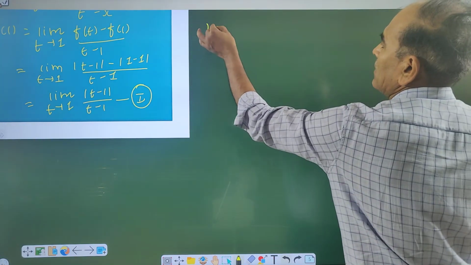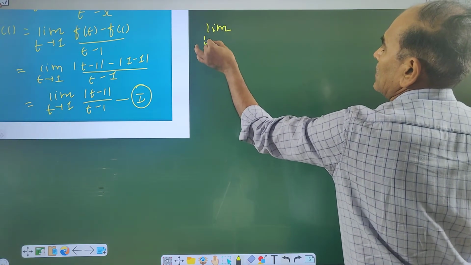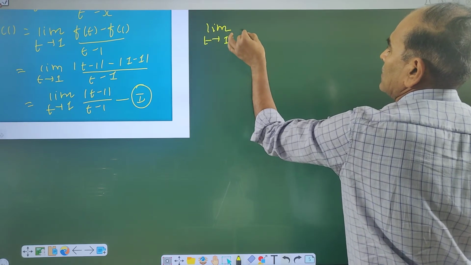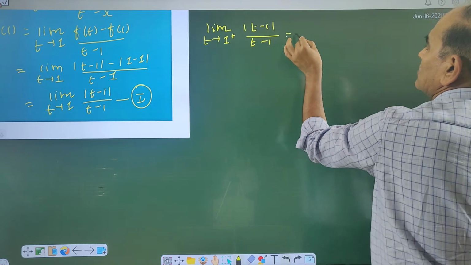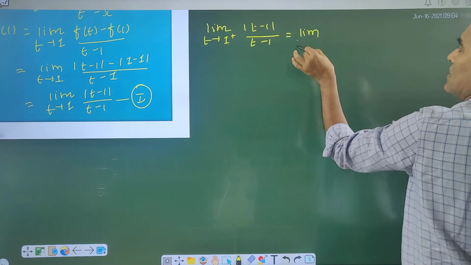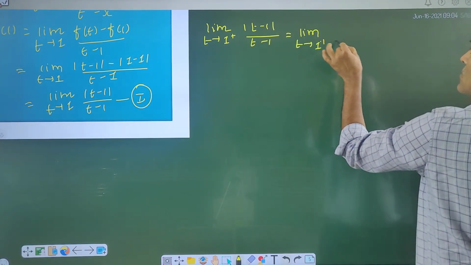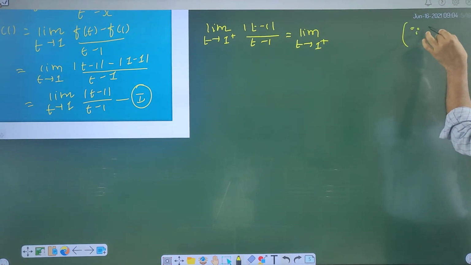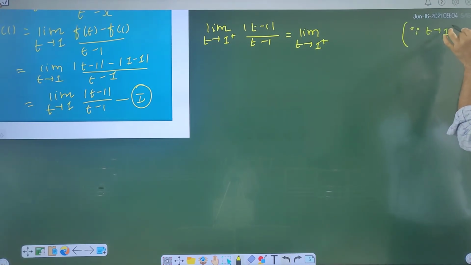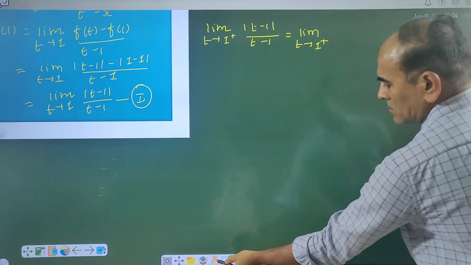So start with the right hand limit. Limit t tends to 1 plus magnitude of t minus 1 over t minus 1 is equal to limit t tends to 1 plus. Give the reason. t tends to 1 plus means what?